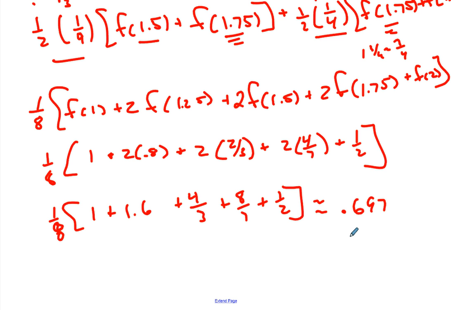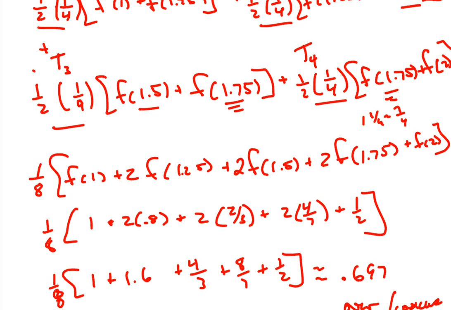Cool. Now, like I said before, this is actually an overestimate because it's concave down. Now we can compare that to the actual value.